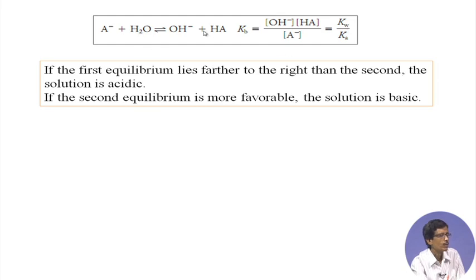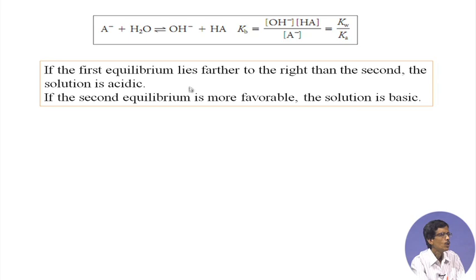So, we are considering basically two equilibrium conditions. The first equilibrium is lying somewhere and the second equilibrium, how they are getting changed depending upon the nature of this acid and the corresponding conjugate base. So, if the first equilibrium lies further to the right than the second, the solution is acidic.